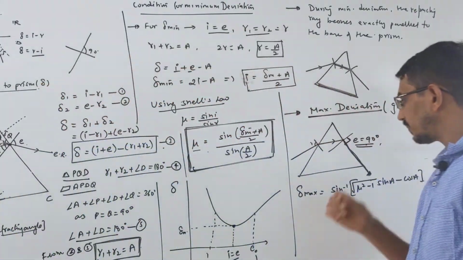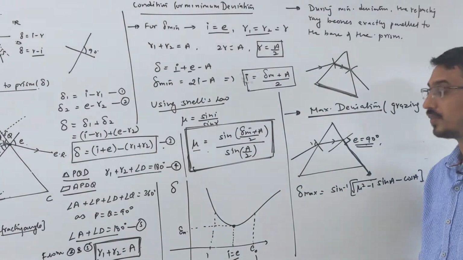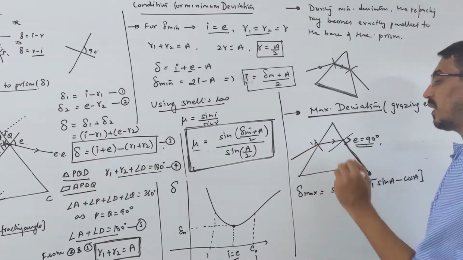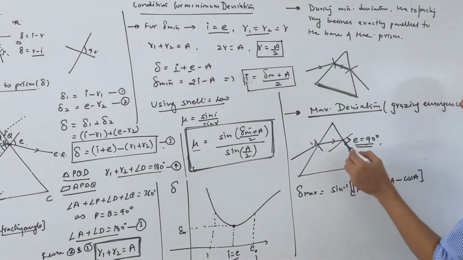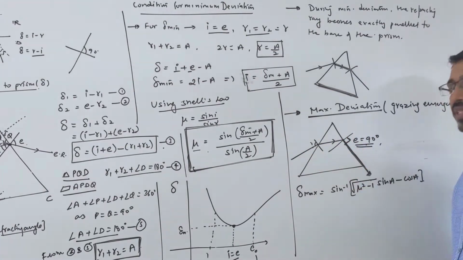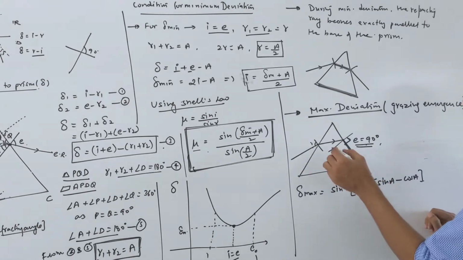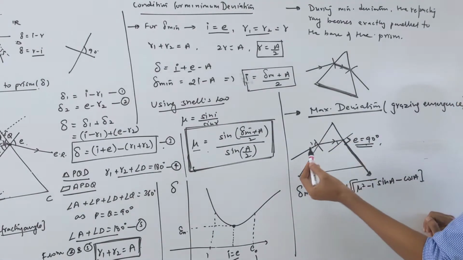Now here we can write the TIR condition also, total internal reflection. Suppose we keep increasing this angle of incidence, then instead of a grazing emergence, which is the maximum deviation, the ray may come back into the prism again, it doesn't come out.